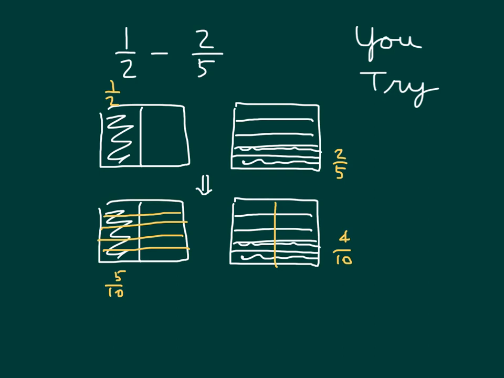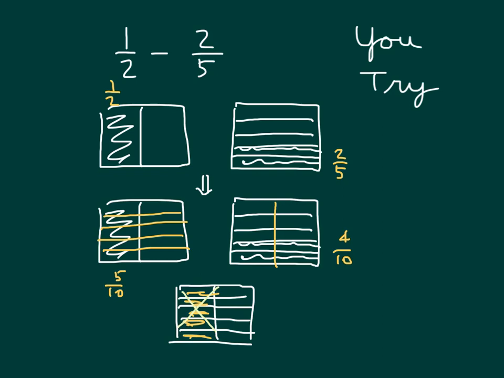Now, when we were modeling the 5/10 minus the 4/10, we started with 5/10. We had that same model where we were shading those in to get 5/10, right? And then we were crossing out 4 of those tenths. When we cross out 4 of those tenths, what are we left with?